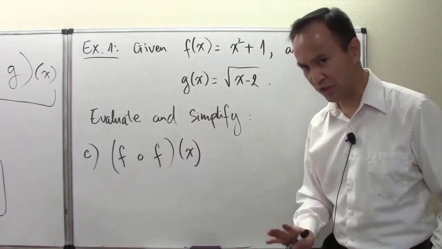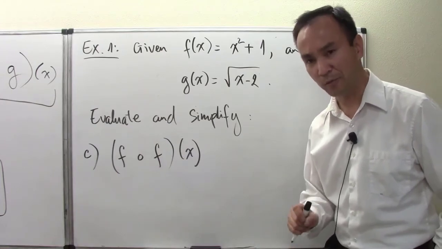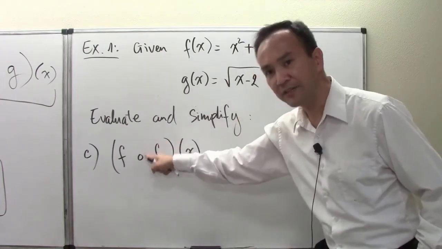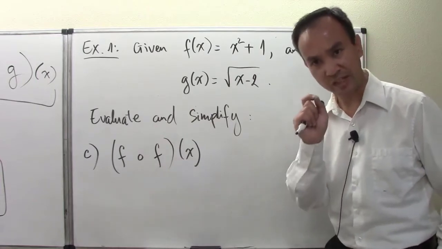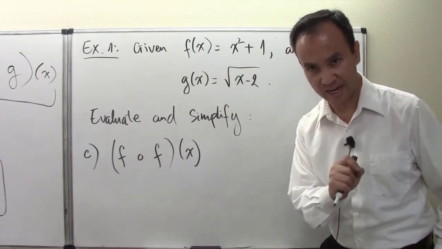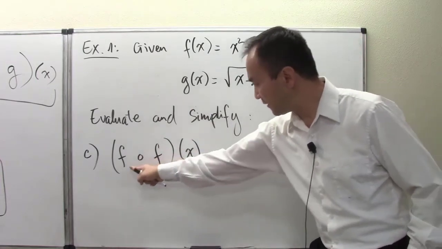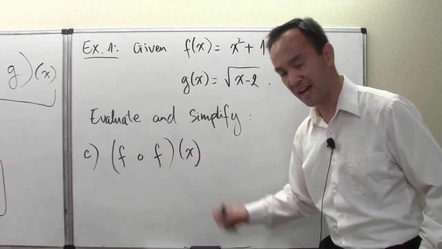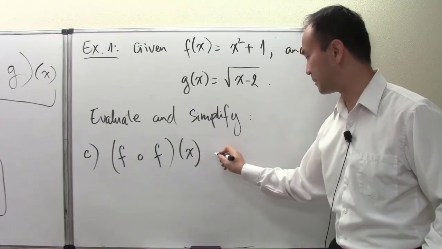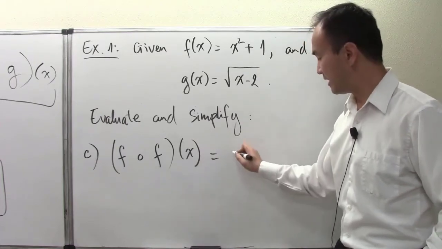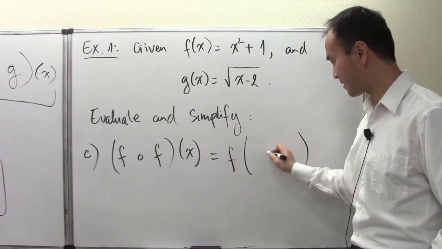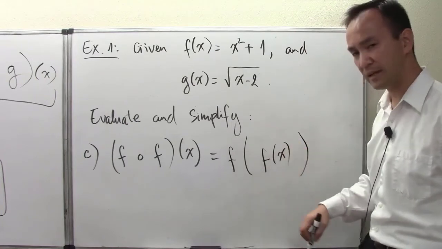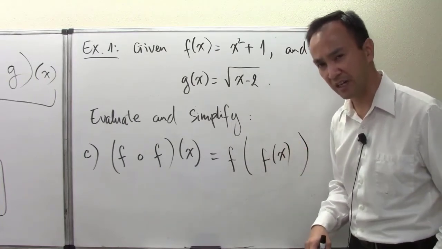F circle G is one way, but more formally, F of F. As we say it like that, it will click better. F of F at the final input x. So we put that function F inside of itself.